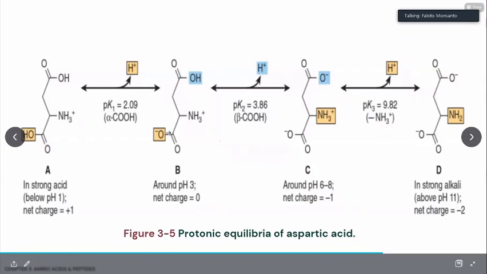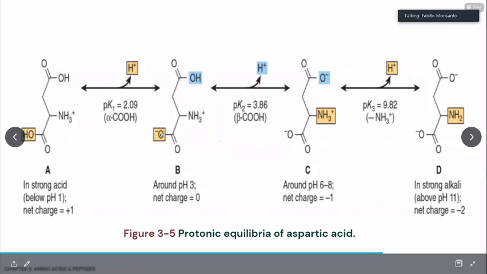One positive, one negative equals zero. Zero charge because this cancels out. Now, if you raise the pH a little bit higher from pH 3, the carboxyl group here loses its proton and becomes negatively charged.